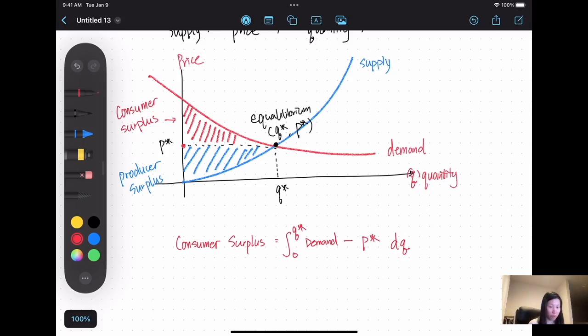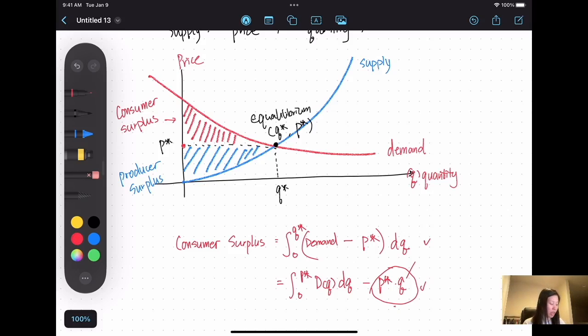Okay, so if we simplify it, we get the integral from 0 to Q star of the demand function at the quantity, plus this is P star times Q star. So either way, you can use this one or this one, they are the same. For the second one, I just pulled the integral out here because I already completed the integral computation. So that means I just need to integrate the first part, which is the demand function.